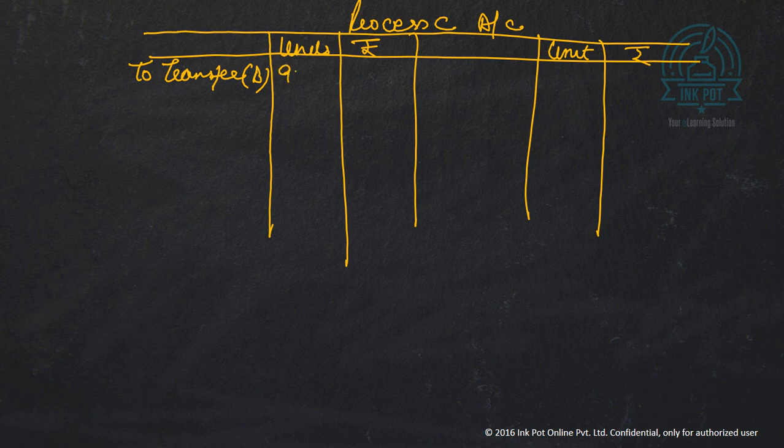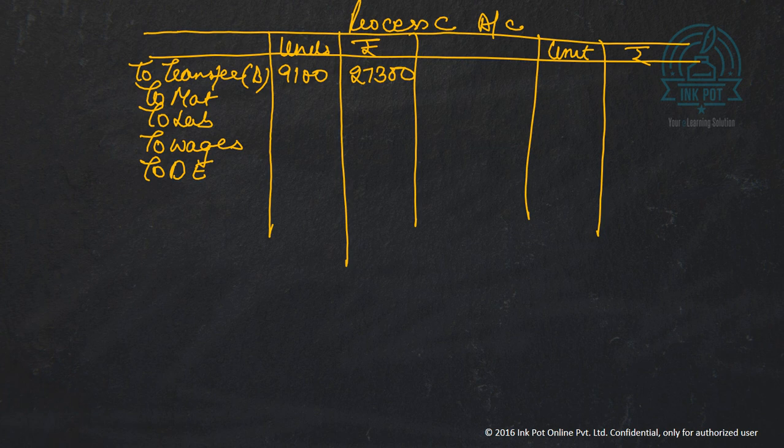So how many units were being transferred? 9100 units at the cost of 27300. We had material, labor, and direct expenses. So the value of material was 500.